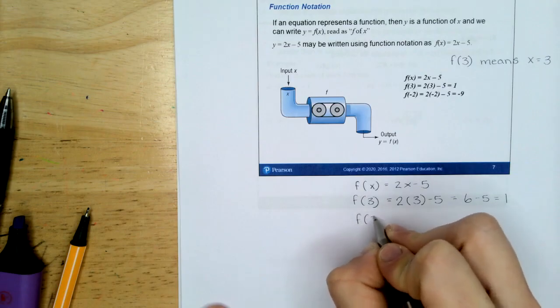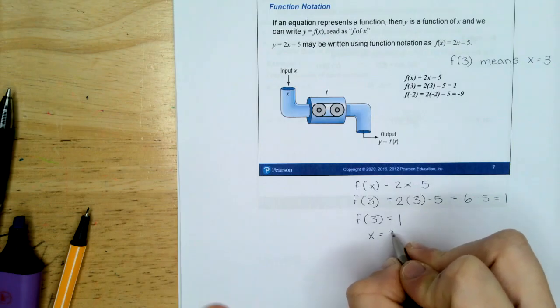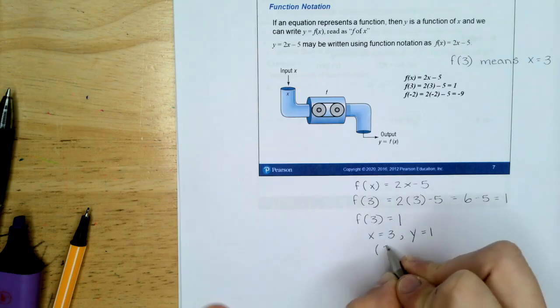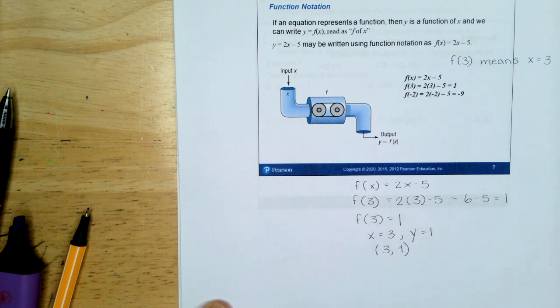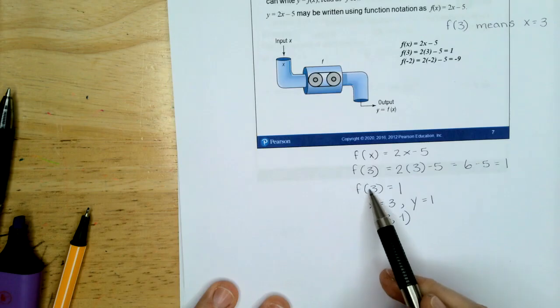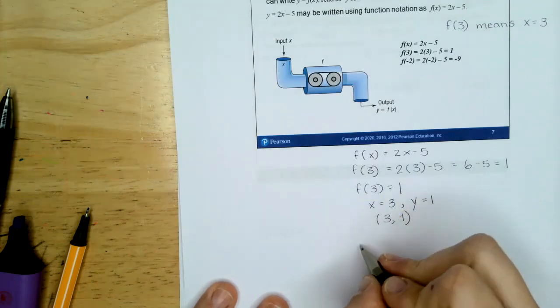So we say f of 3 is 1. When x is 3, y is 1. So we can also write it as the point, or ordered pair, (3, 1). When you see f of 3 equals 1, that means your x is equal to 3, your y is equal to 1.